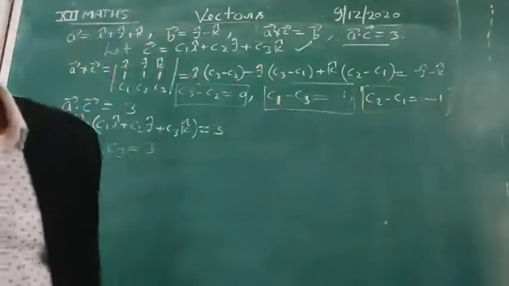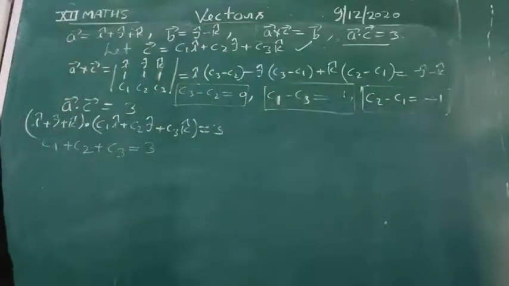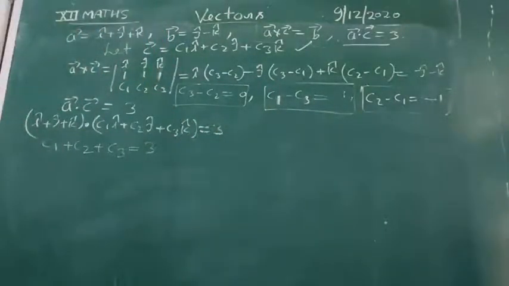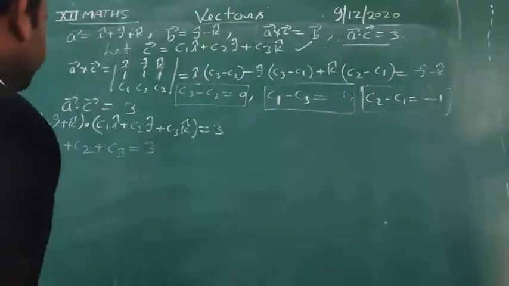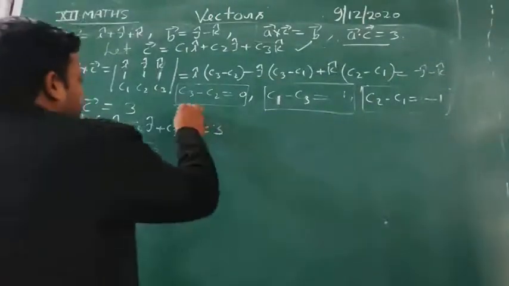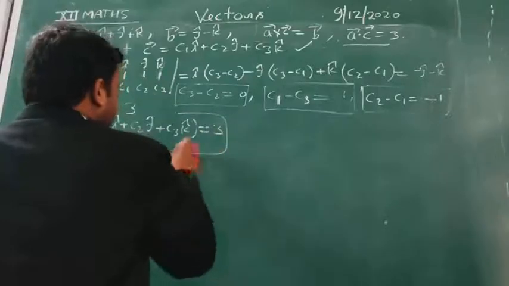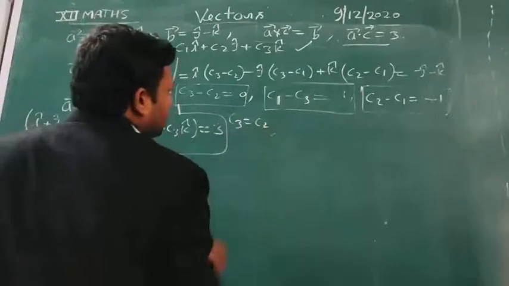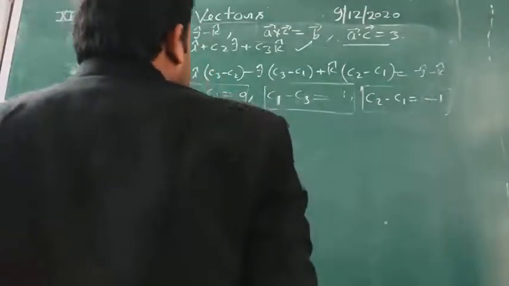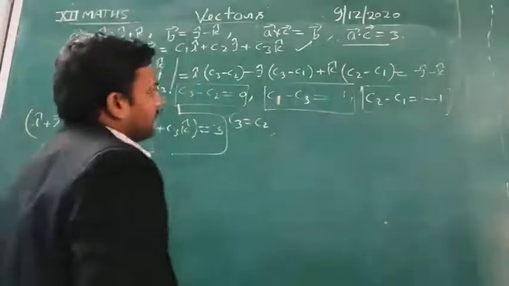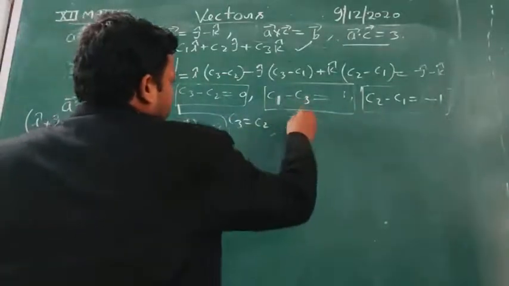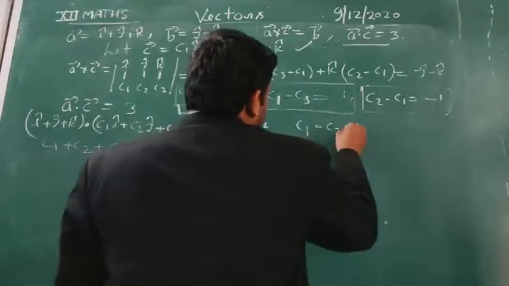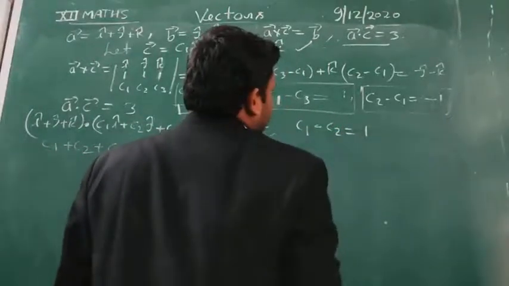Now these four equations are there, and we will solve these four equations and find the values of C1, C2, C3. So from here we can write C3 is equal to C2, and if we put C2 here, C1 minus C2 is equal to 1.